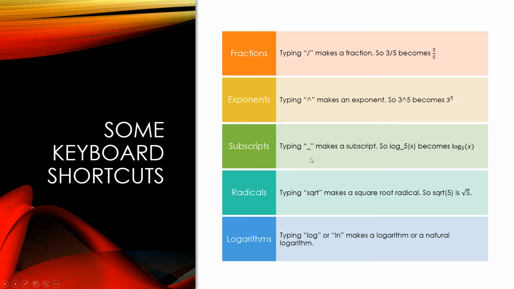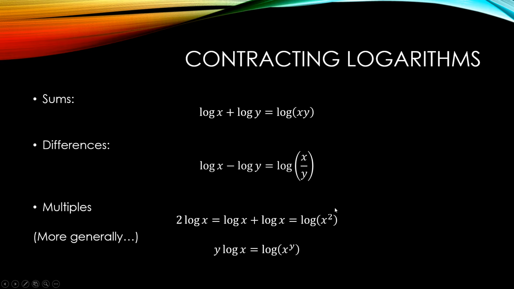And now let's take a minute to talk about some of the things that technology might falter a little bit doing for you. And that's when it comes to simplifying some messy expressions. You see, logarithms have the ability to contract. If you've got two logarithms being added together, you can write that as a single logarithm.